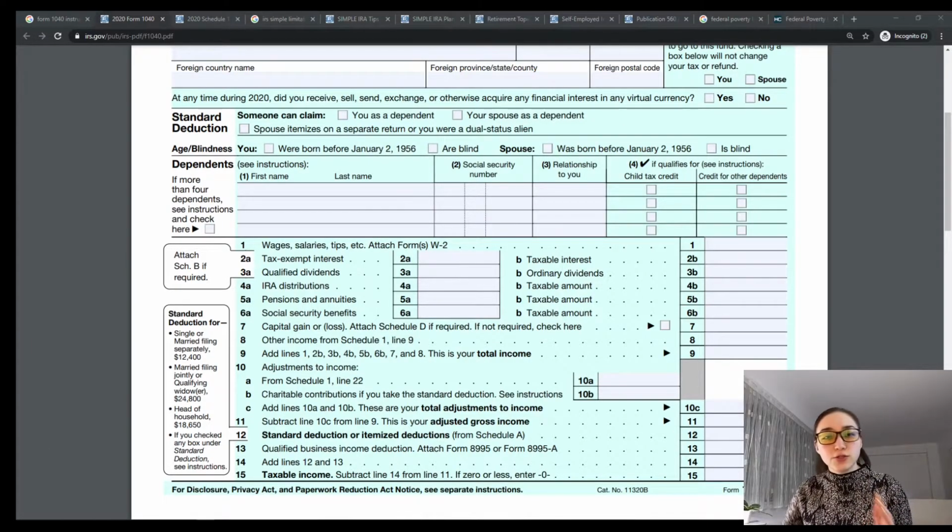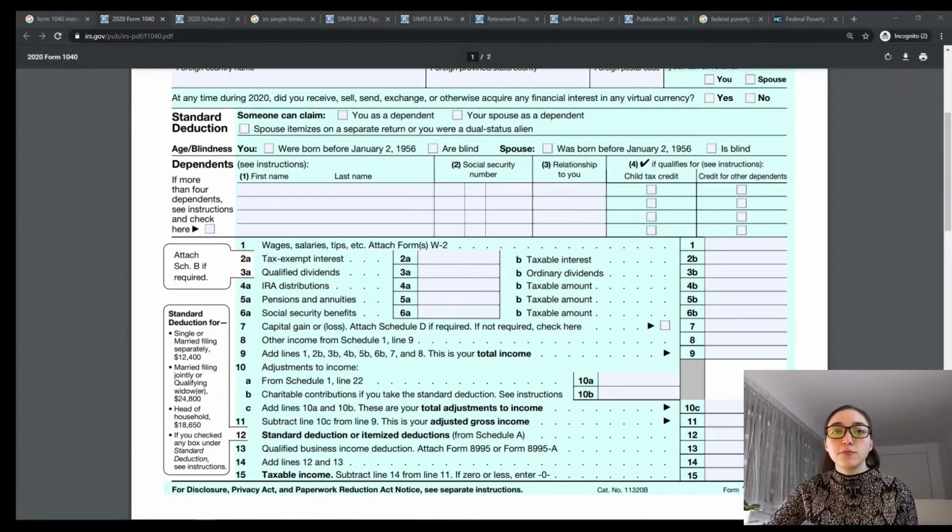But for 2020, this year has been really tough for so many people. For 2020 only, every single person can deduct up to $300 of charitable contributions on this line, regardless of your AGI, regardless of whether you take a standard deduction.